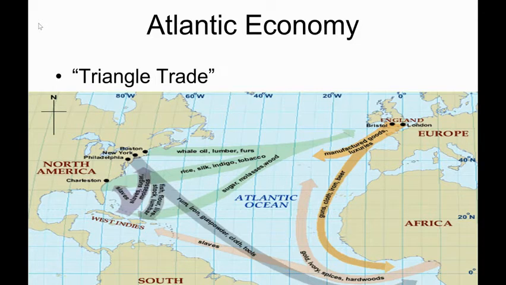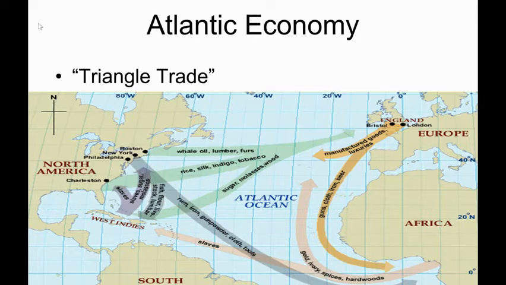And so there was a tremendous amount of trade going on between the Caribbean, North America, Africa and England. And you can see some of it here. The colonies' role in this whole thing was primarily raw materials.